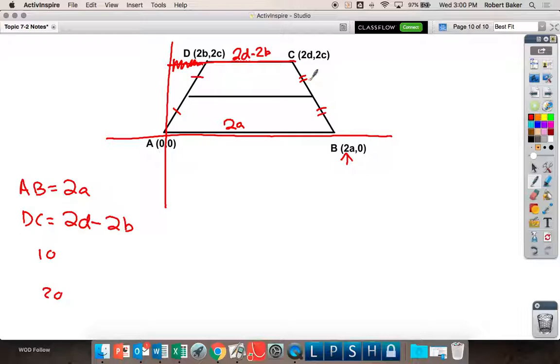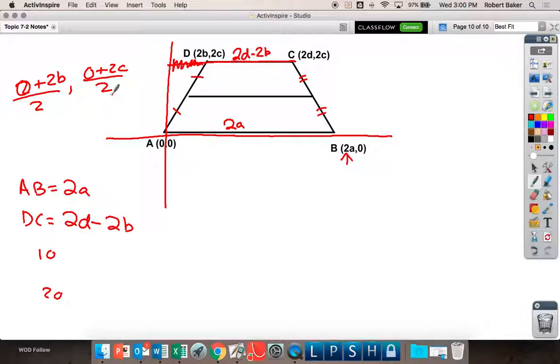Okay, you use the midpoint formula. So x1 plus x2 divided by 2, y1 plus y2 divided by 2: 2b plus 0 divided by 2, comma, 0 plus 2c divided by 2. So that's using the midpoint formula, half of the x's and half of the y's.